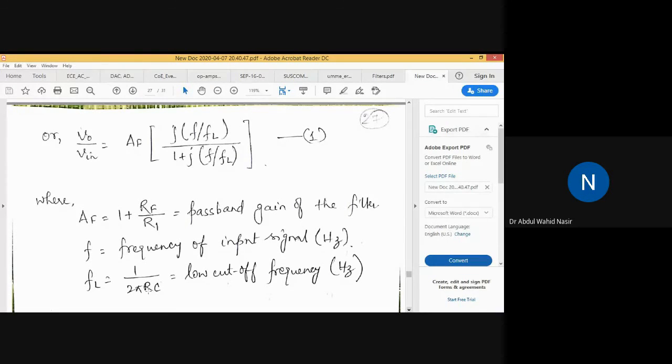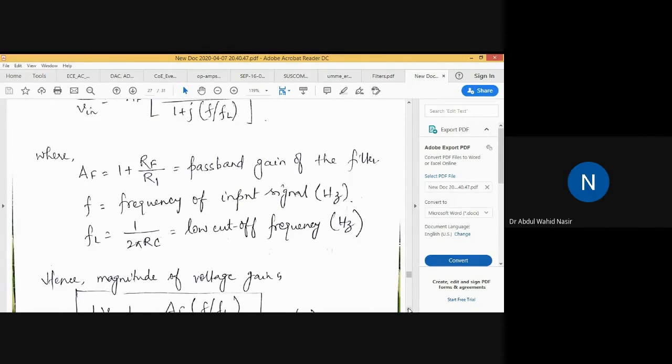Clear? So if you substitute the value 1 by 2 pi RC by fL, then you will end up with equation 1. Okay. So this is the voltage gain equation for a first order high pass filter.